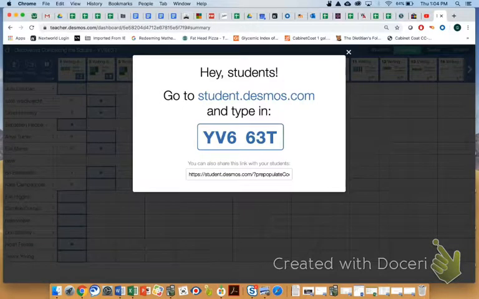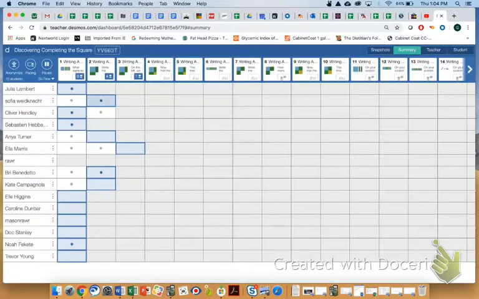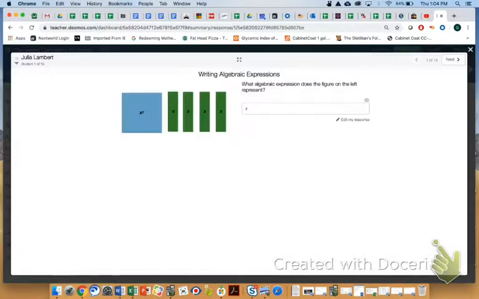Okay, so there's the code in case you're a little slow getting on. I want to start looking at what you guys are putting. Okay, so Julia, maybe not done with slide 1. Sophia, I would say replace your equal sign with a plus and we're in business. Oliver, that looks good. Sebastian, if you add up 4 x's, you do not get x to the 4th.